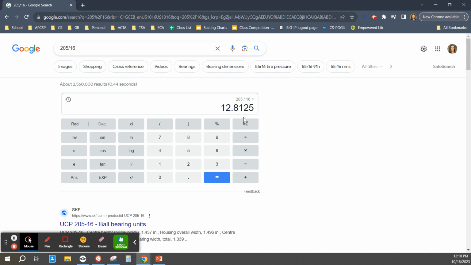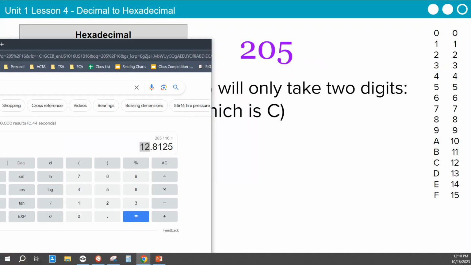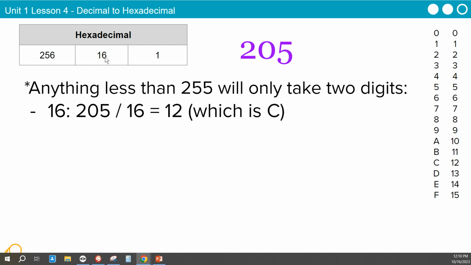Right now I've done 205 divided by 16. This is the only value I'm concerned with. Since I just divided by 16, it's going to go in my 16's place. So my 16's place is going to be C, because the answer was 12, which lines up with C, right? Now I want to know what's left.